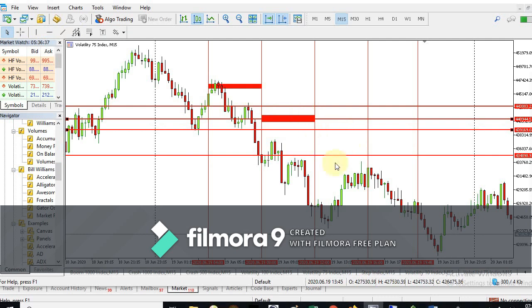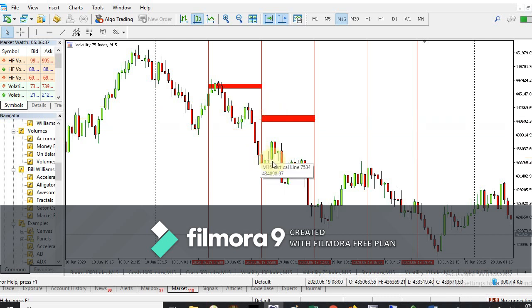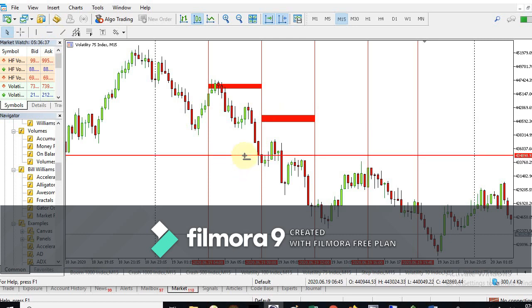So what we'll do is look at how to identify from the separator to the next close before the separator. We'll put our horizontal lines, one here, other here, close to close. We divide it into two.